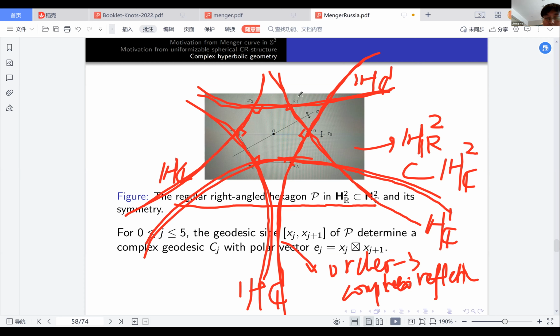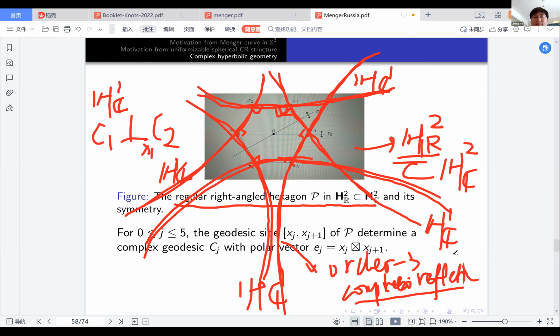Here, since the triangle is a rectangle in the case of HR2, the two HC1, maybe C1 and C2, just intersect in a point, maybe just a point x1, and this is perpendicular. So this gives the relation that two of the order 3 complex reflections commute, right?